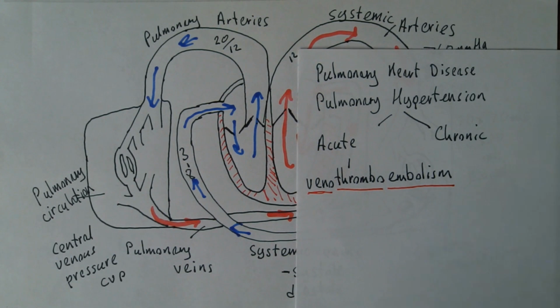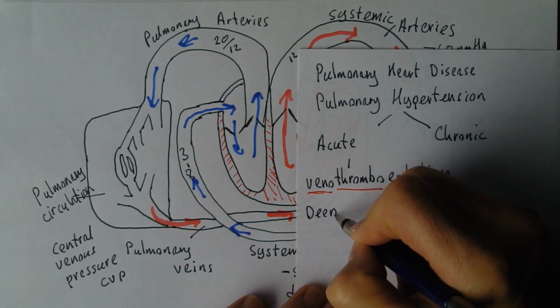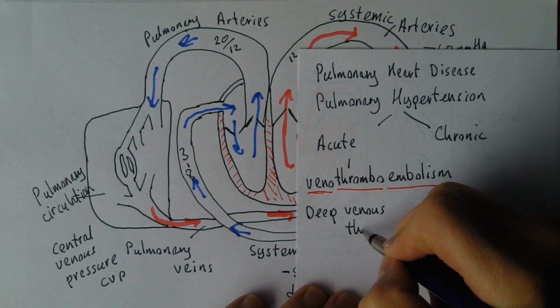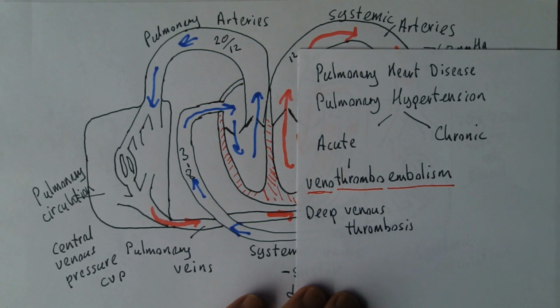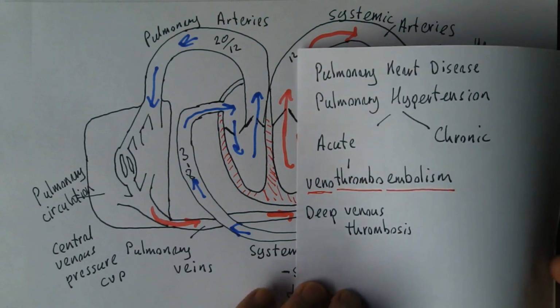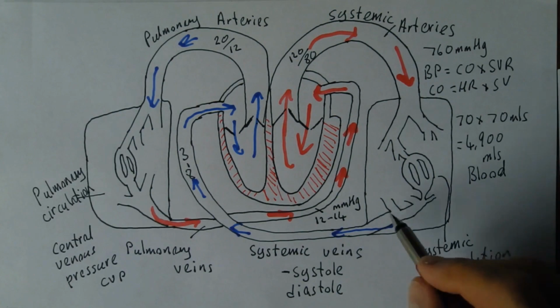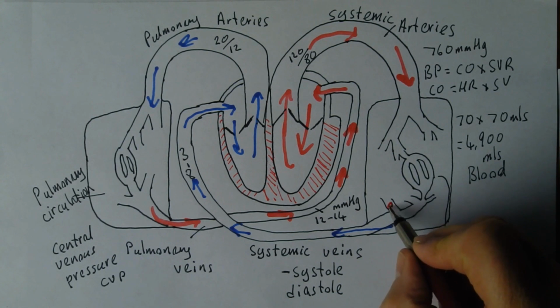So very often venothromboembolism can be caused by a deep venous thrombosis. A deep venous thrombosis. And we can actually plot what happens here. Because in a deep venous thrombosis, the problem is going to start in the systemic veins. So there could be a blood clot in a vein here in the leg.